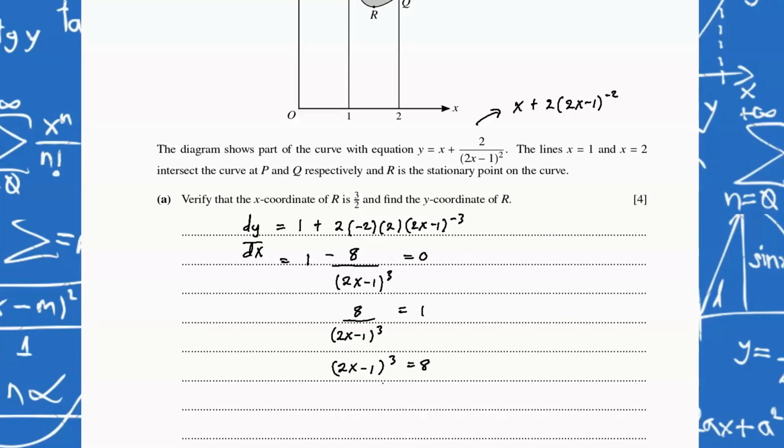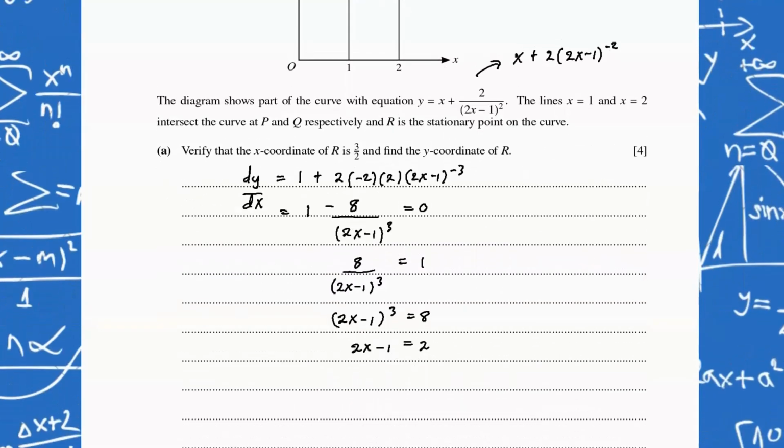Then if we cube root both sides, we'll be having 2x minus 1 is equal to the cube root of 8, which is 2. And if we take minus 1 to the right, it adds to 2 and they become 3. So 2x is equal to 3 and x is 3 over 2. So that's how we show or verify that the x-coordinate of R is 3 over 2.